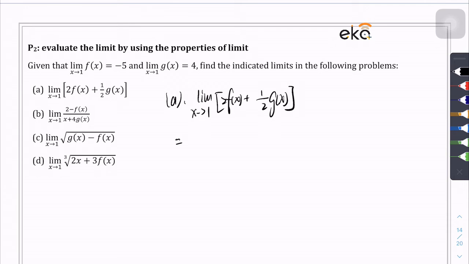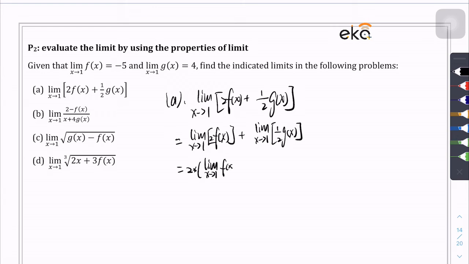This is the limit as x approaches 1 of 2f(x) plus the limit as x approaches 1 of 1/2 g(x). Then again, 2 times the limit as x approaches 1 of f(x) plus 1/2 times the limit as x approaches 1 of g(x).